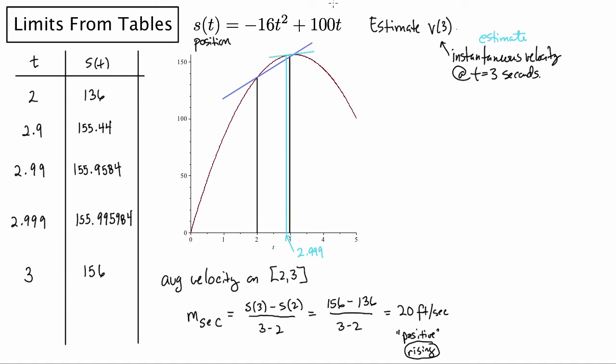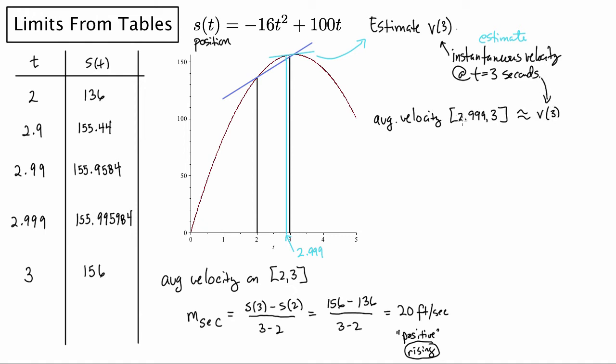So if I wanted to estimate the velocity by using the secant line through those 2 points, then the way that I would do that is by calculating the average velocity on the interval from 2.999 to 3 and say that that's approximately the same as the instantaneous velocity v at 3.